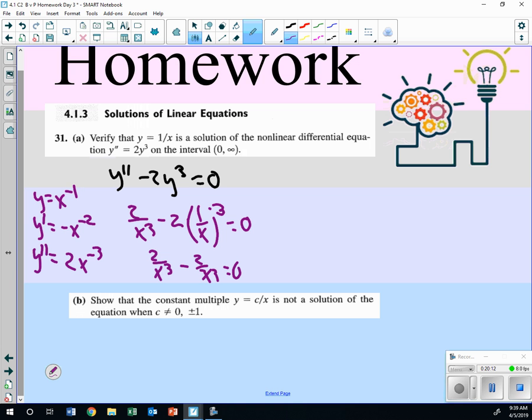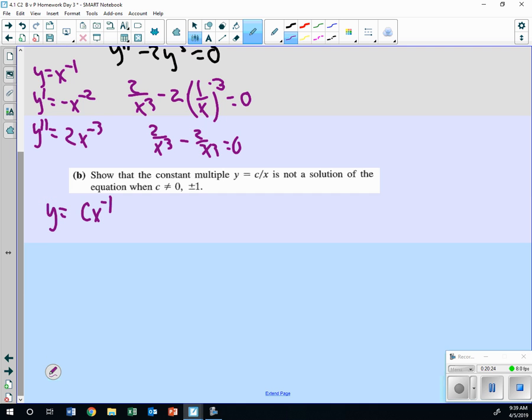Show that the constant multiple is not a solution for this. So if we go y equal to cx to the negative 1, y prime is negative cx to the negative 2, y double prime will be 2cx to the negative 3.